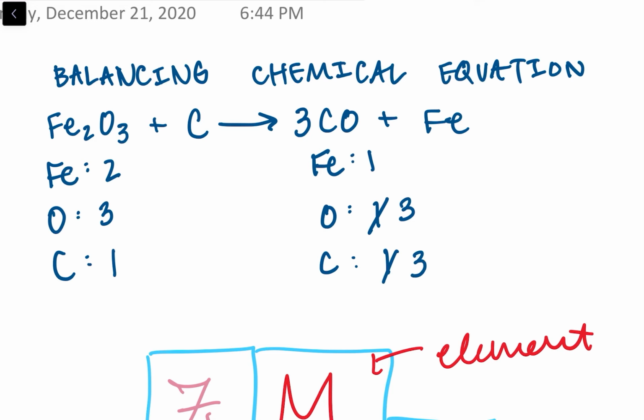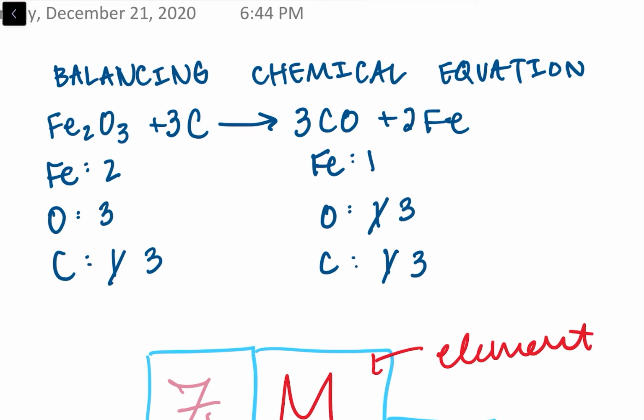So now we have matching number of oxygens, but we do not have matching number of carbons. So now what are we going to do? Well, the carbon on the left side of the equation is just by itself. So that is a very easy and quick fix. You can just write 3 right there. Once again, we made a change, so we must quickly update our inventory. Next, we have iron, and iron once again is by itself.